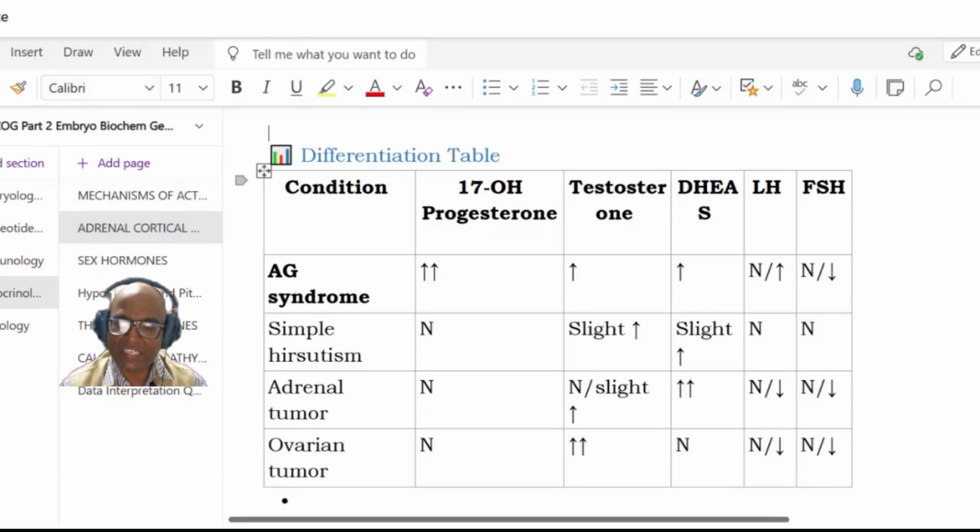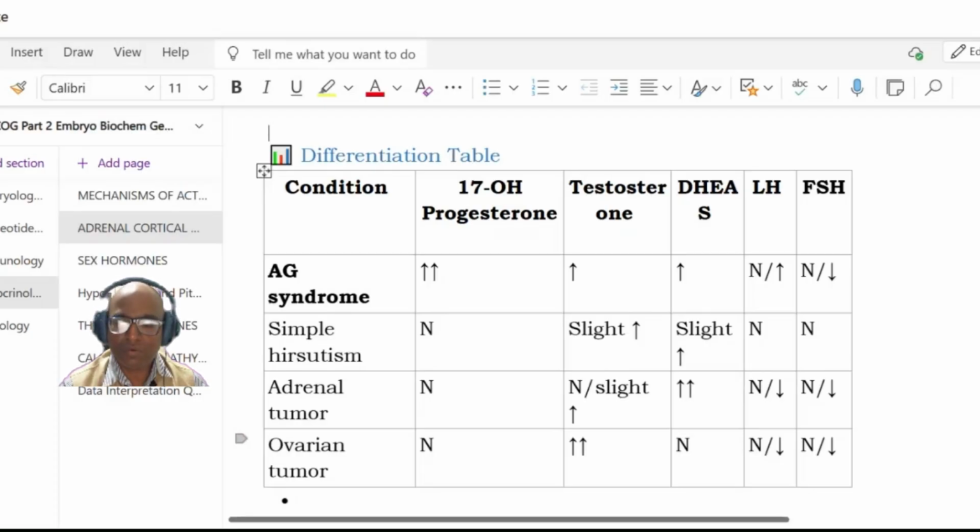When it is ovarian, testosterone levels will be high. And all this will present as hirsutism. So in adrenal tumor, DHEA levels will be increased. In ovarian, testosterone levels will be increased. And FSH and LH levels in adrenal tumor may be normal or reduced. In ovarian tumor, they may be normal or reduced.